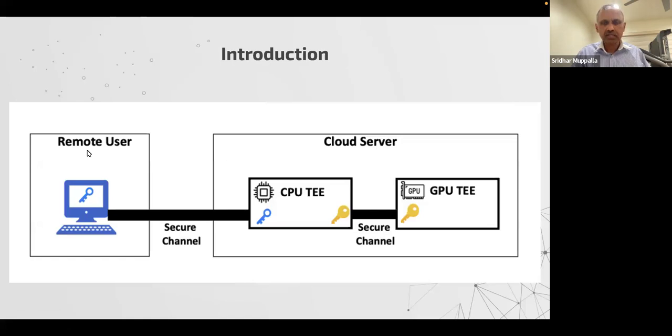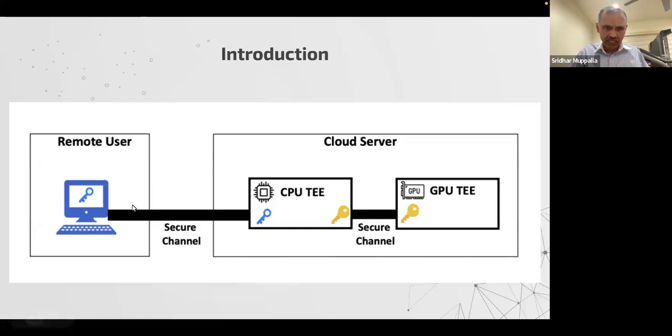The remote user is connected to the CPU TEE using a secure channel, with this blue color shade key used between the remote user and the CPU TEE. The communication between the CPU TEE and GPU TEE is also secure, and they use a shared key, here a yellow key. Two separate keys are used.